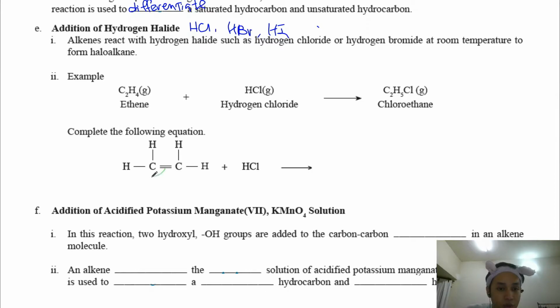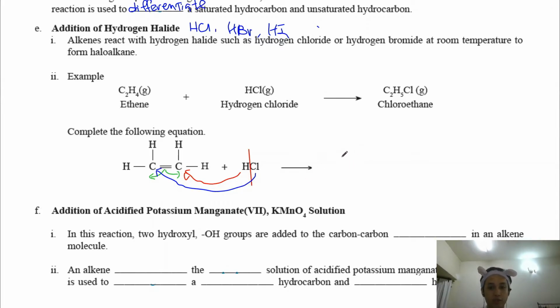So here you will open up the double bond, and then the hydrogen will move to here or here, it doesn't matter where, whereas the chlorine will go to the other carbon.